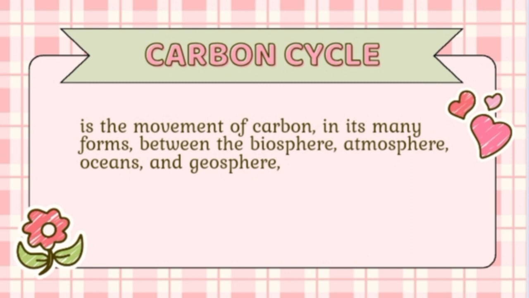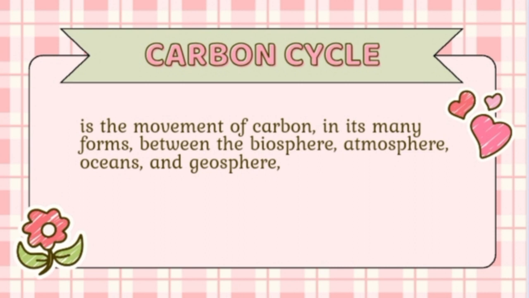So next is the carbon cycle. It is the movement of carbon in its many forms between the biosphere, atmosphere, oceans, and geosphere. Plants obtain carbon dioxide from the air and through photosynthesis incorporate carbon into their tissues.